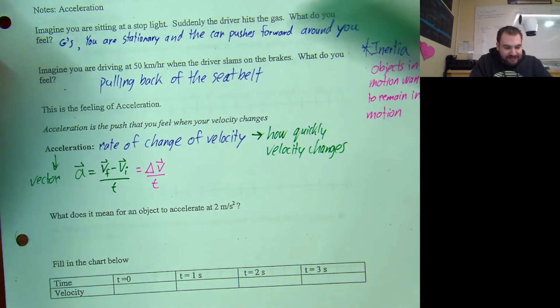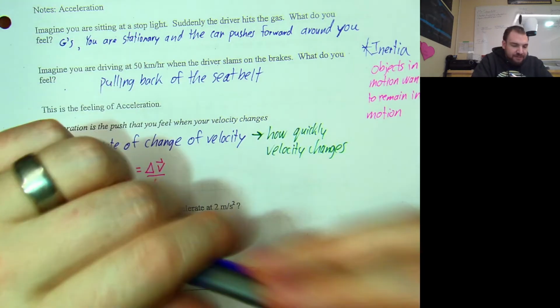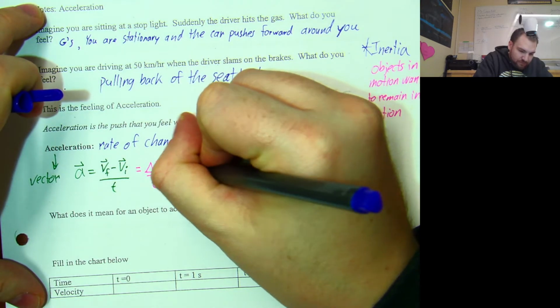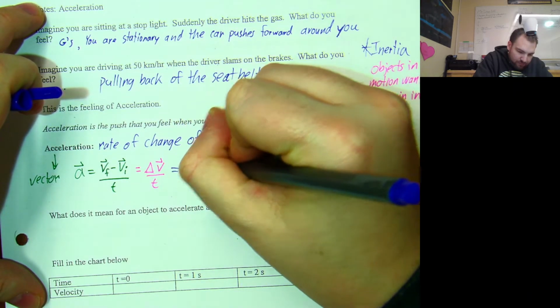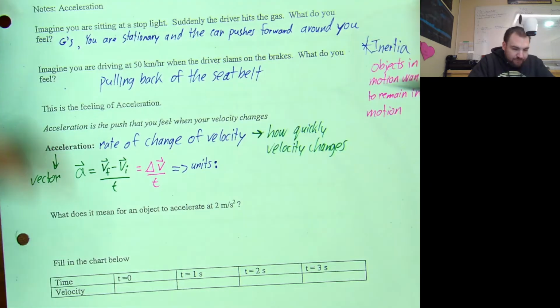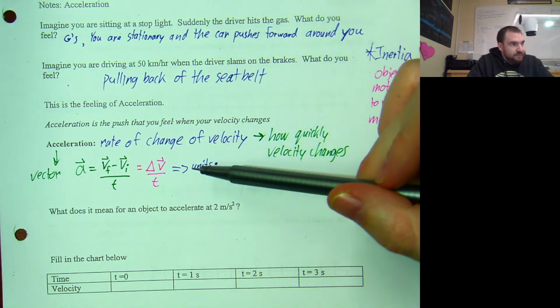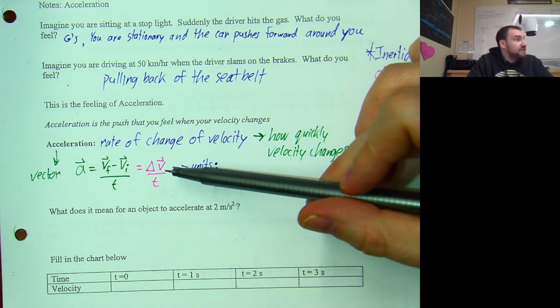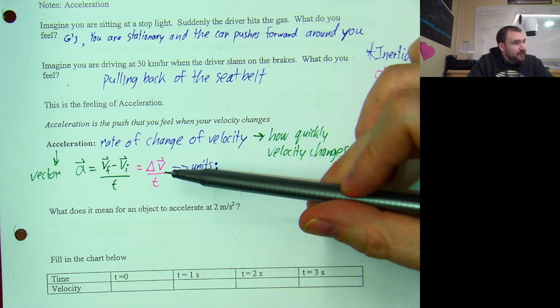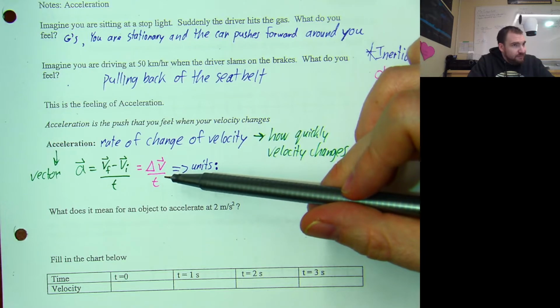And Manuel, you already said it too. If I'm talking about units, a change in a velocity has what units? Or velocity, let's say it this way. Velocity has what kind of units? Units.